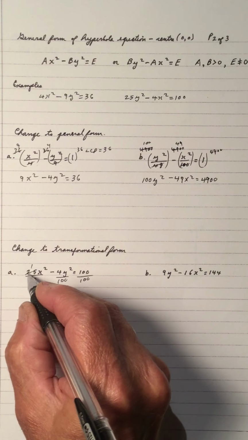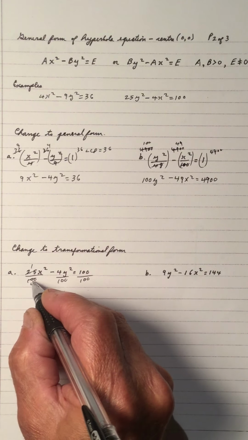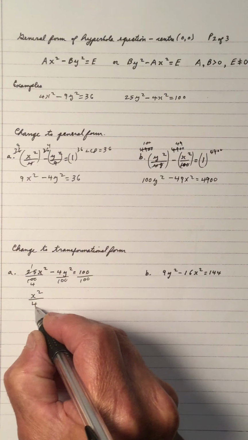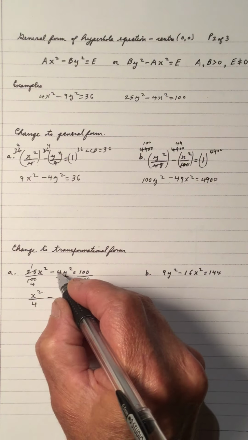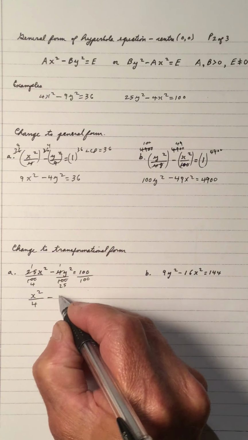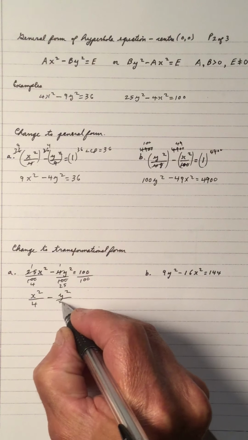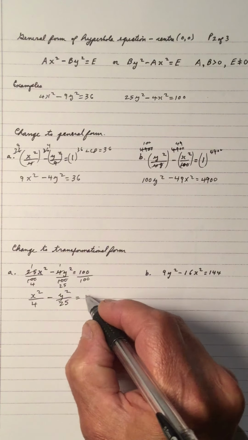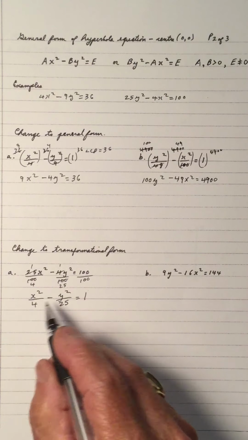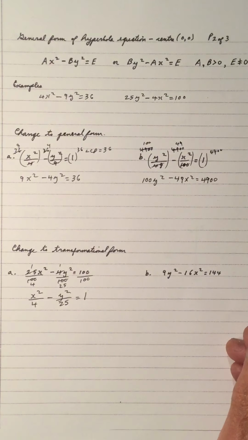So 25 and 25 is 1. 25 into 100 is 4. So we get x squared over 4 minus, 4 into 4 goes once, 4 into 100 goes 25, so we get y squared over 25. And 100 divided by 100 is 1, which is the transformational form.